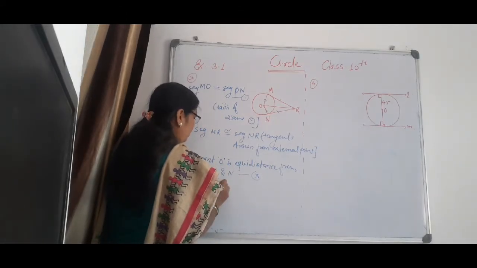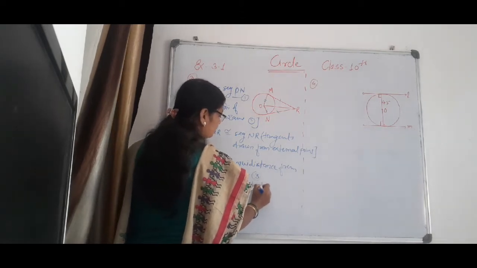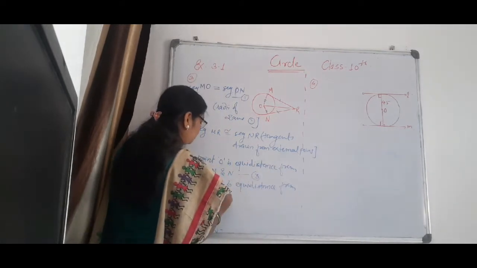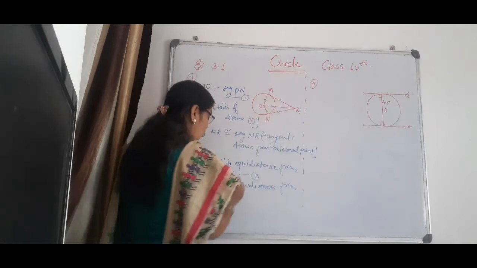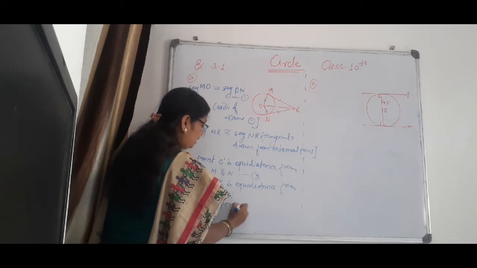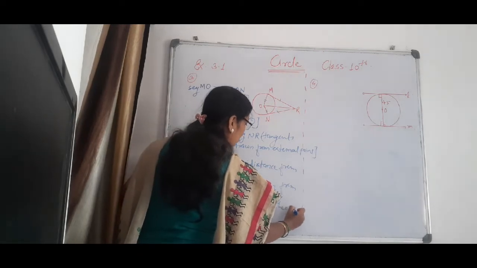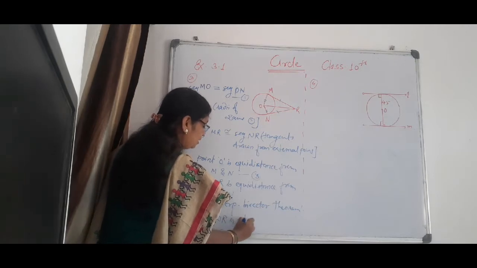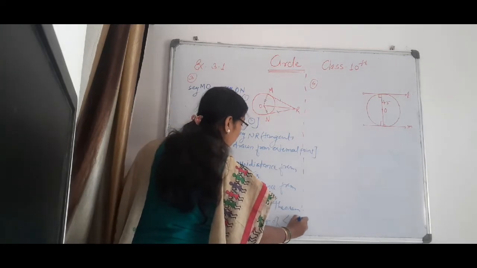Then point R is equidistant from M and N. Now O is also equidistant from M and N, R is also equidistant from M and N, and therefore by perpendicular bisector theorem, OR is a bisector of angle MON.